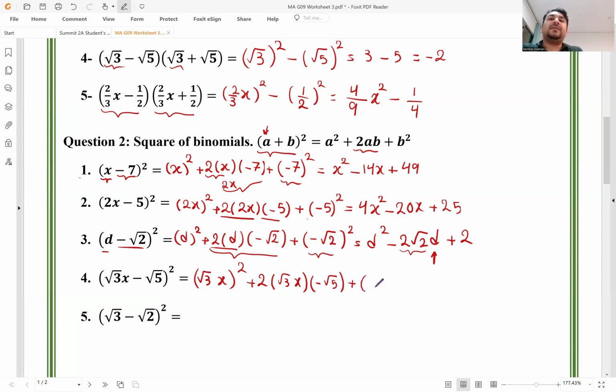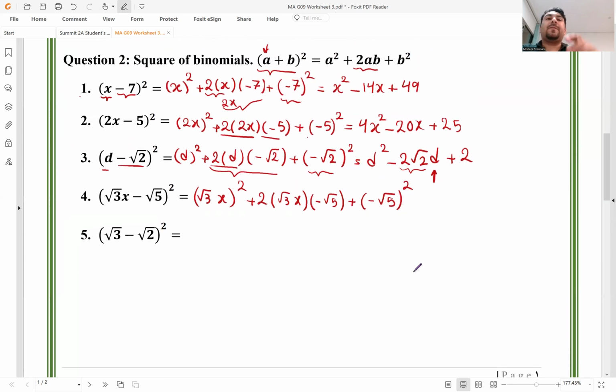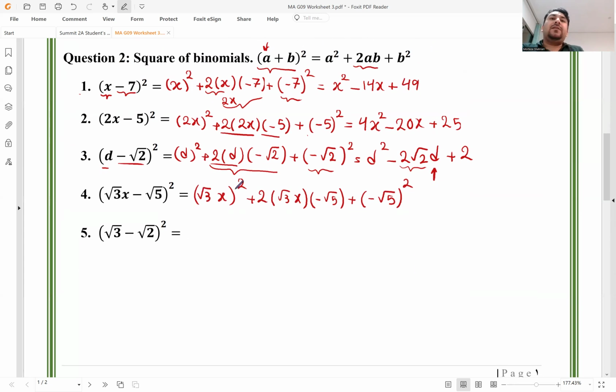Then plus the second term, which is negative radical 5, powered by 2. Okay, radical 3 powered by 2, because this power belongs to each one of them. Do not forget that. Okay, radical 3 powered by 2 is 3. X powered by 2 is x squared.